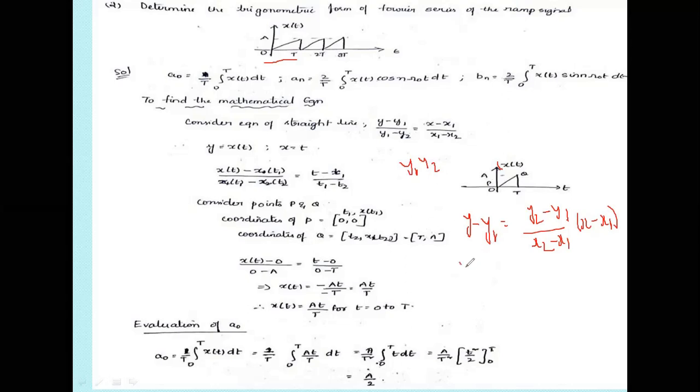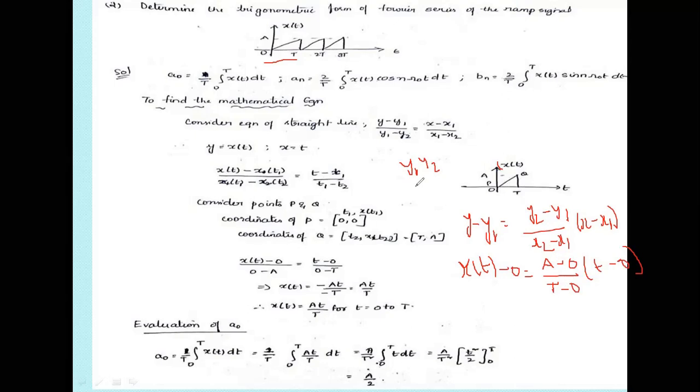So y minus y1, what is y here? It is x of t, minus y1, the value is 0, is equal to y2, what is the y2 value? It is A minus y1, the value is 0, by x2, here it is T, minus x1, the value is 0, into x, the variable t, minus x1 which is 0. Okay, y1 and y2, x1 and x2.